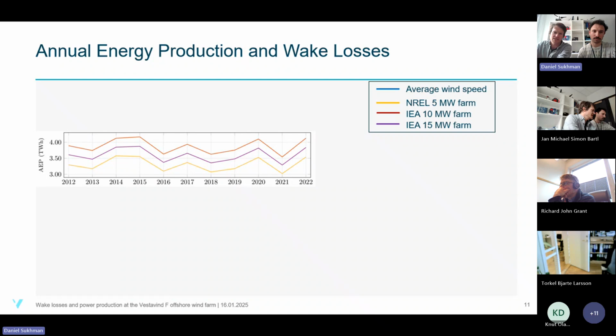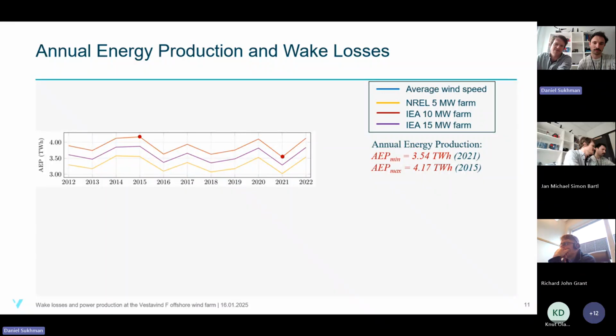But what we do see is that there's a large variation in those productions. For example, in 2015, we have 4.17 terawatt hours produced, whereas in 2021 we only have 3.54 terawatt hours produced. So that's a quite significant difference.